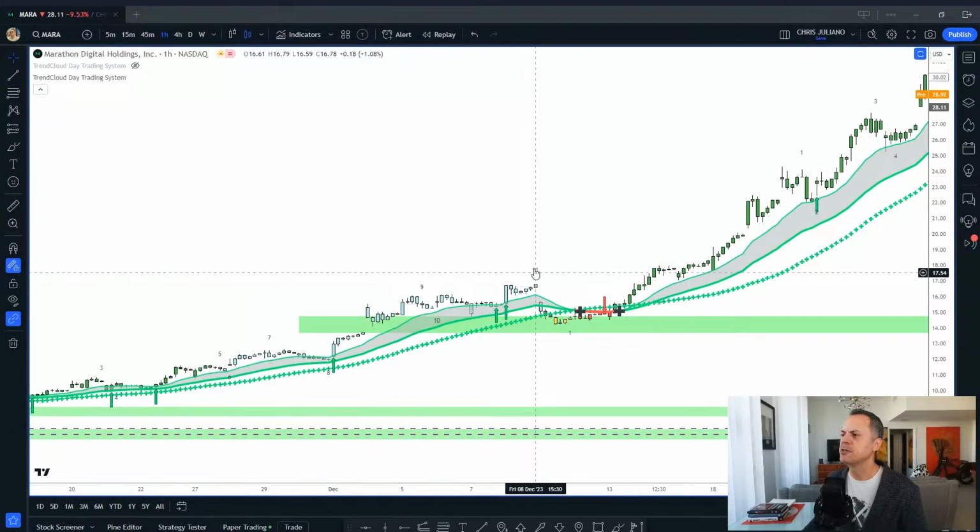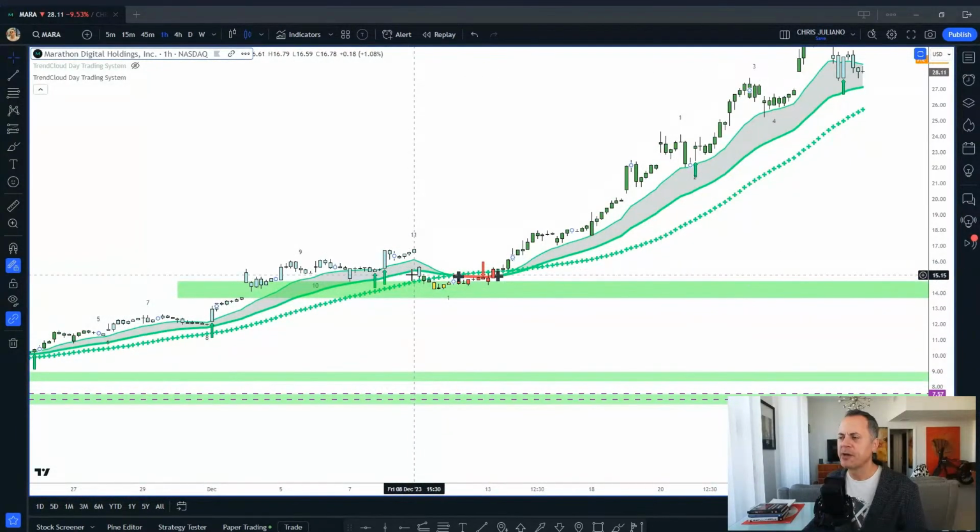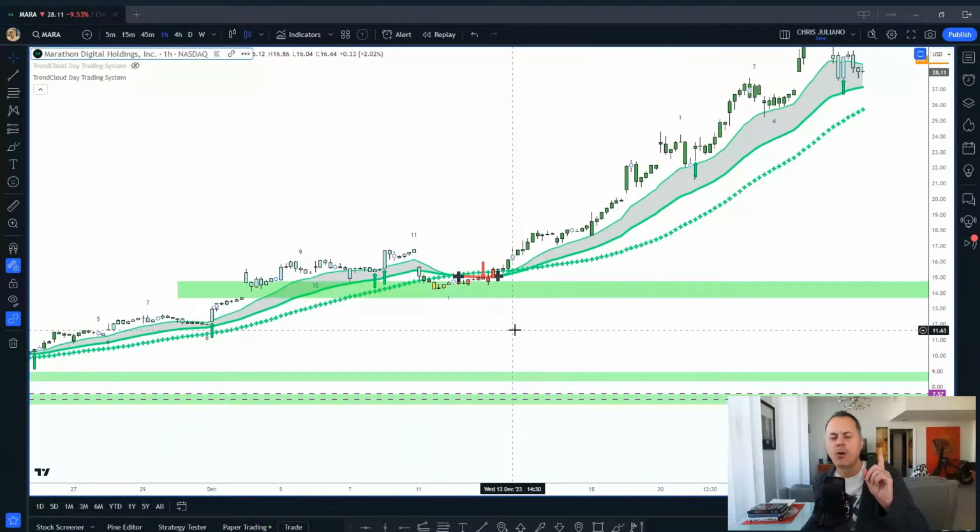And then what did it do? It had a deep pullback, recalculated, and then continued the move up. Okay, sometimes what this does is it pulls back, goes a little sideways, and then continues the move down and does a reversal. You see that more in futures, Forex, and crypto than you do stocks.